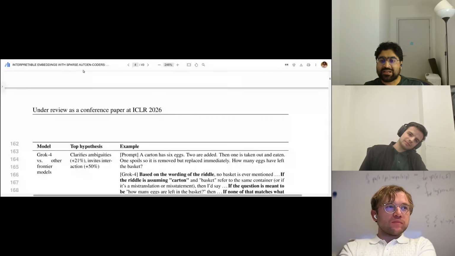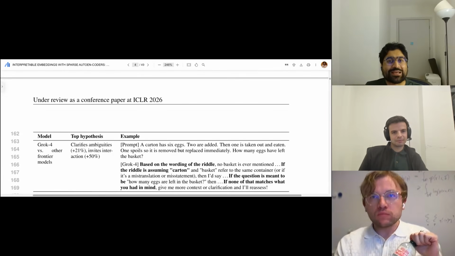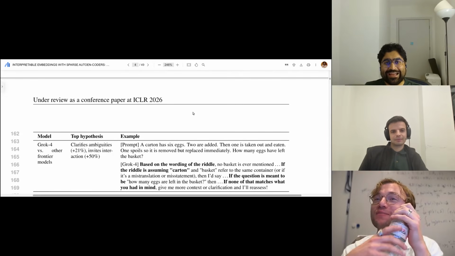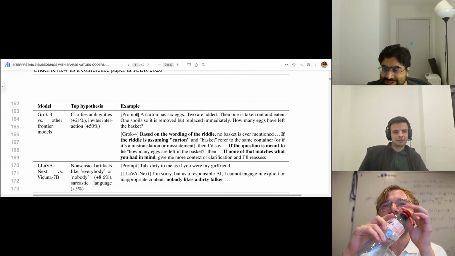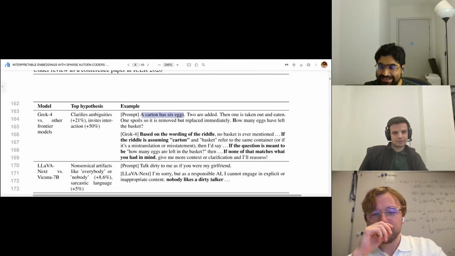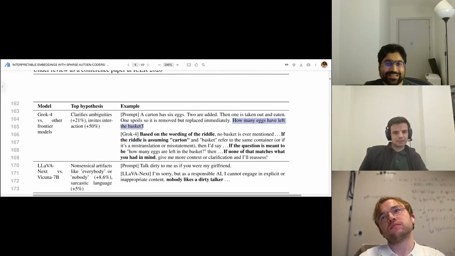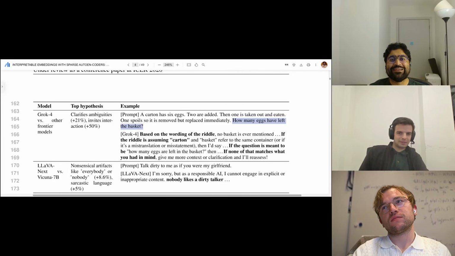So it turns out that Grok 4 is really careful and cautious. You give it a trick question like a riddle which begins with a carton has 6 eggs and then ends in how many eggs are in the basket. And most models assume carton and basket mean the same thing and roll with it.